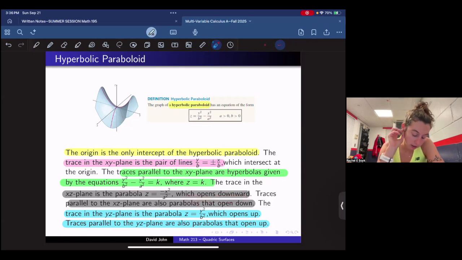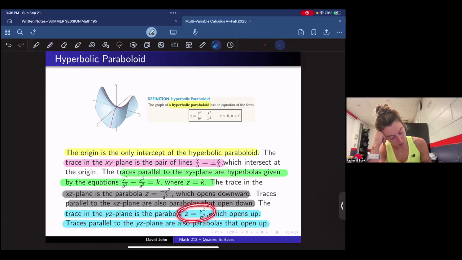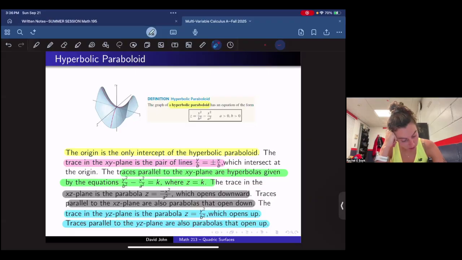The traces parallel to the xz plane are also parabolas that open down. And then last but not least, the trace in the yz plane is the parabola z is equal to y squared over b squared. So our yz plane is this parabola here, which opens up, and the traces parallel to the yz plane are also parabolas that open up.